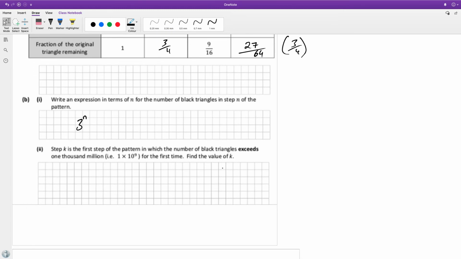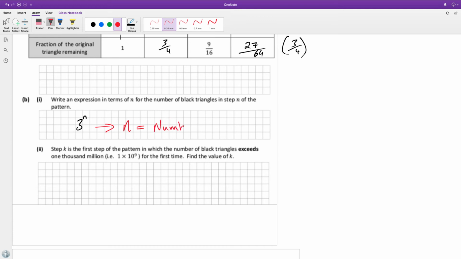Step K is the first step of the pattern in which the number of black triangles exceeds 1,000 million for the first time. Find the value of K. Right, to understand the bottom bit, what does n represent here?